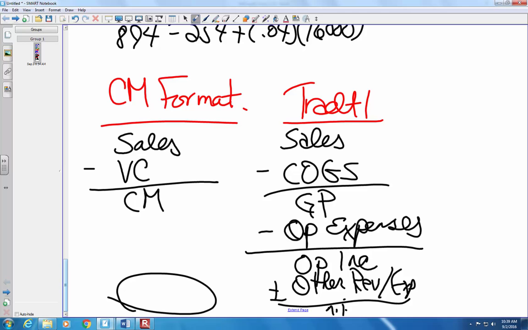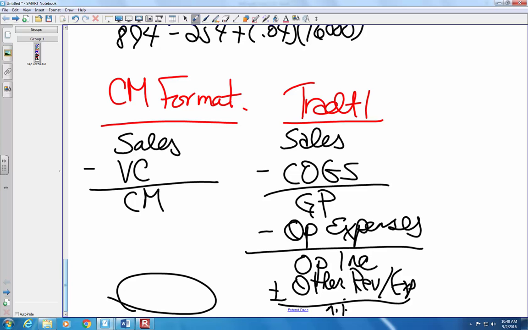For every dollar of sales, we know that variable costs stay the same per unit. So for every dollar of sales, my variable cost should remain static per unit, right? So the contribution margin is this number that allows us to understand what amount we have that still needs to cover what? Your fixed costs, and hopefully generate some income, right?